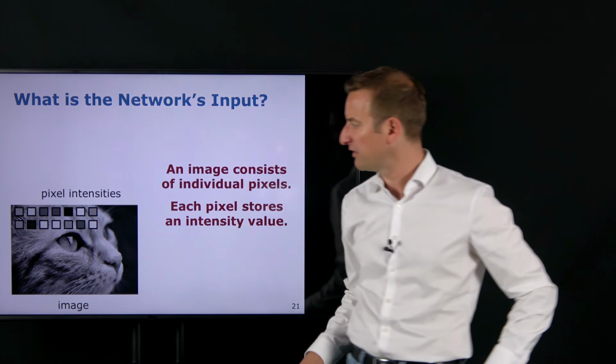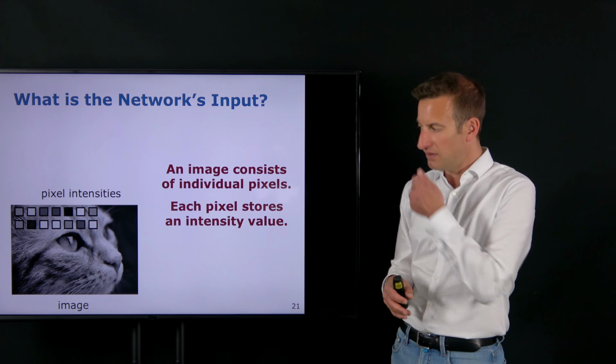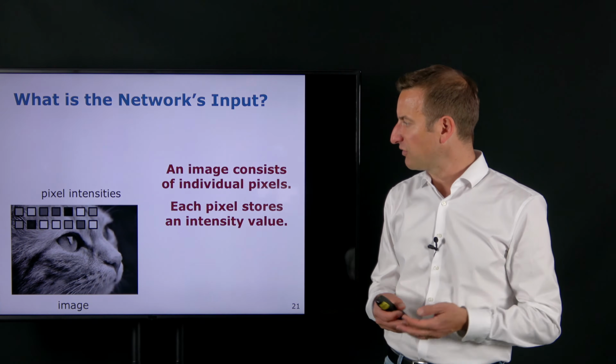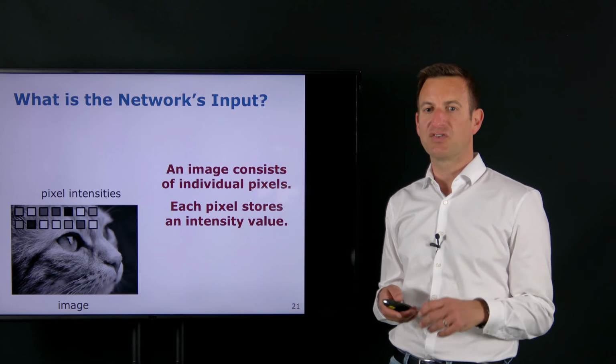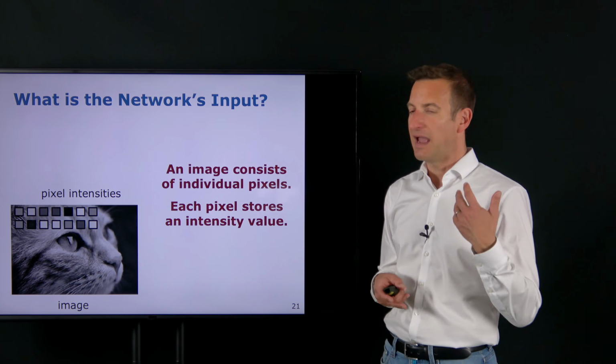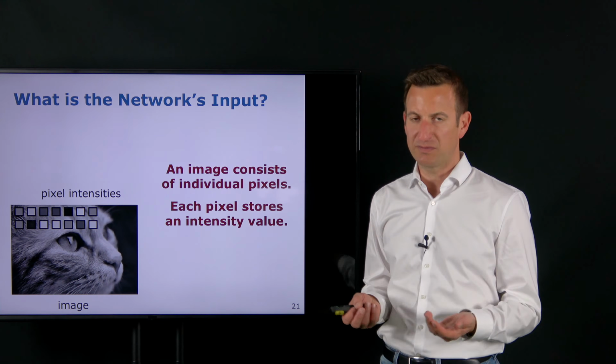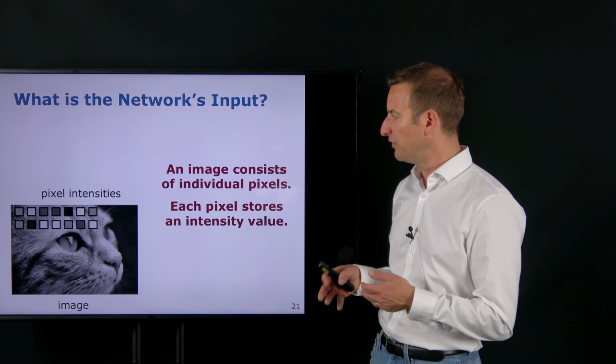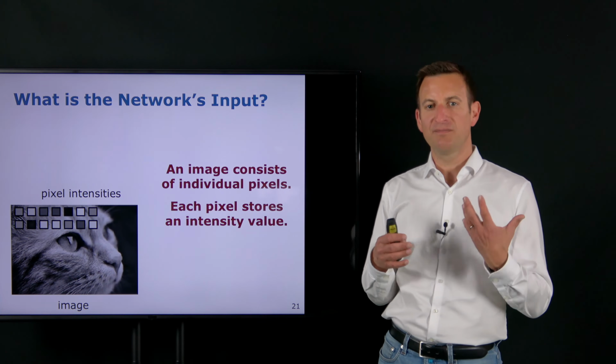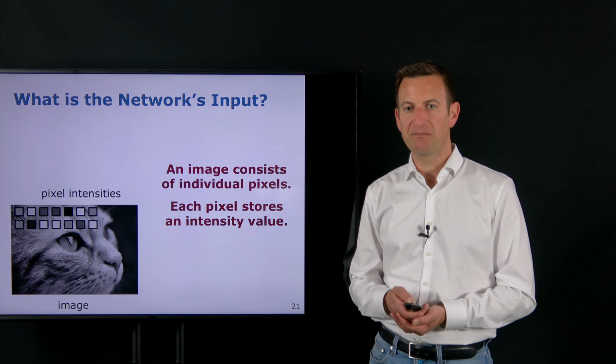So these are the individual pixels encoding here the floor of that cat. And this is the information stored in the individual pixels. And every pixel has an intensity value, a value between 0 and 255, or maybe normalized from 0 to 1. So every pixel is an intensity value.